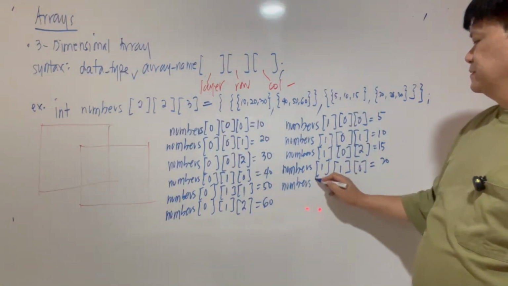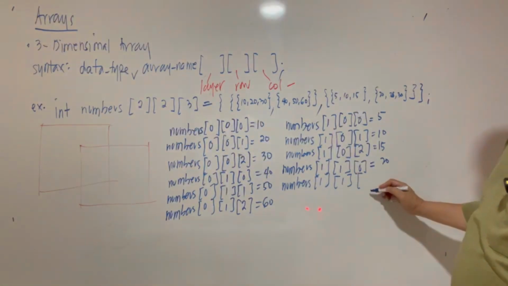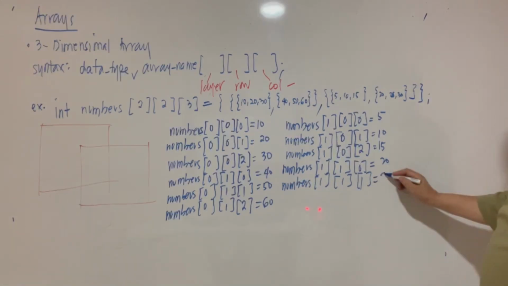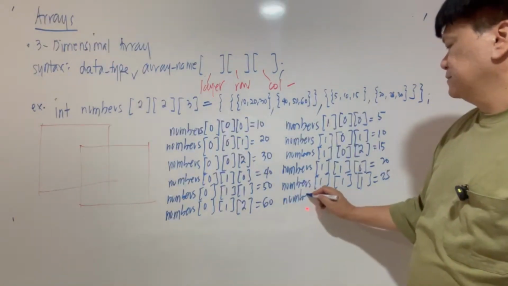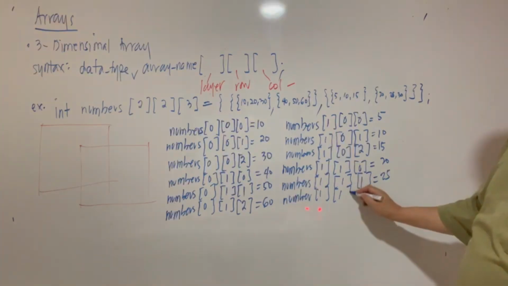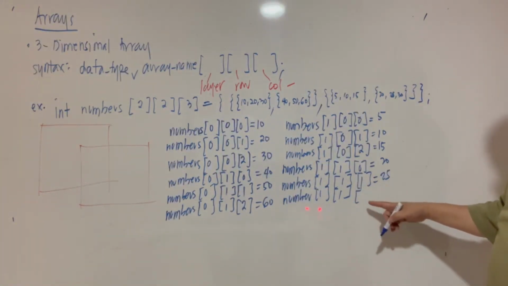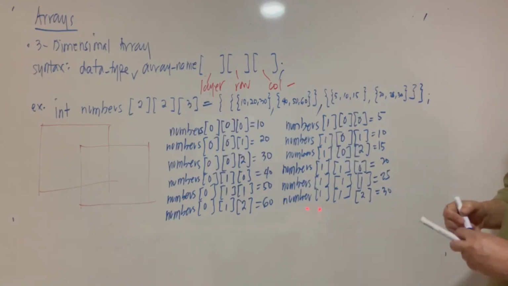Numbers, then this time this is 1, and that will give you 25. And then numbers 1, this is your second row, and now at the third column of the second layer. That will give you 30.